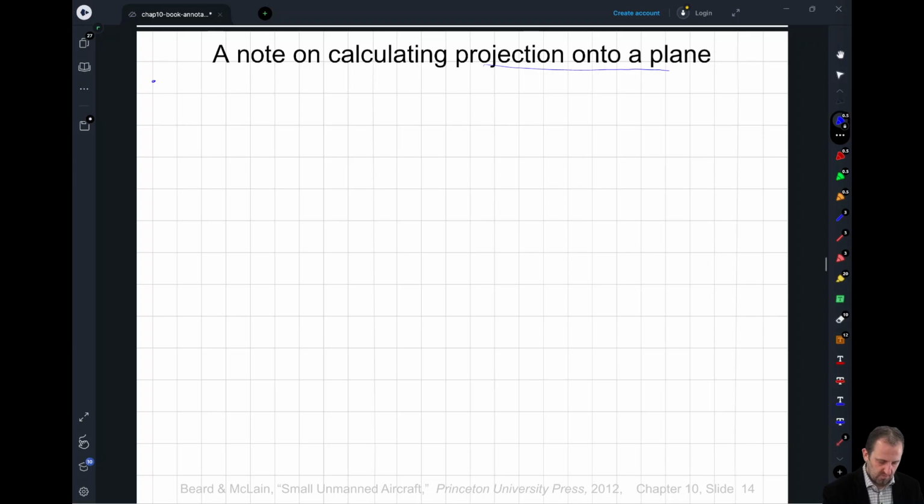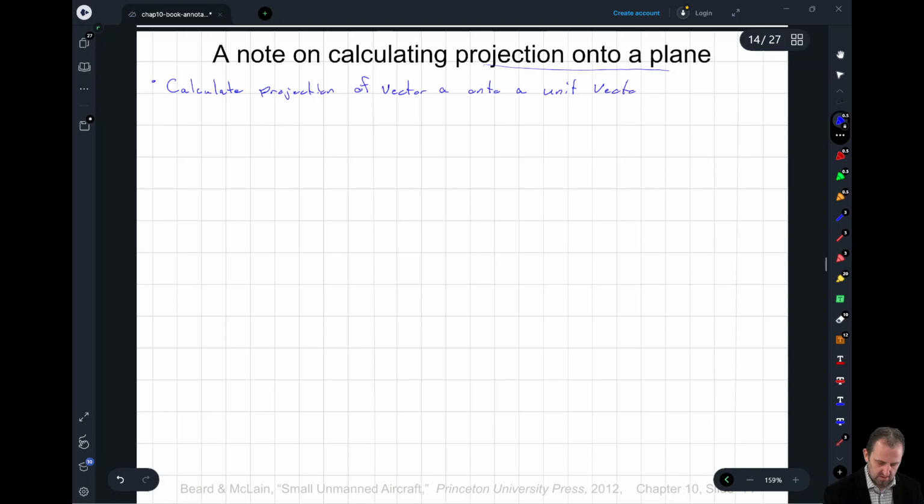So if we want to calculate a projection of, let's call it vector A, onto a unit vector, and we'll note that unit vector u. So let's draw this out.